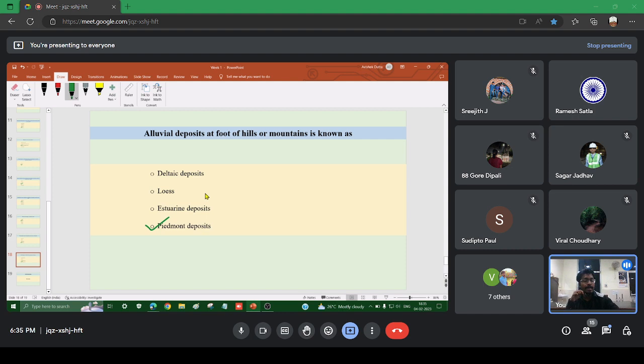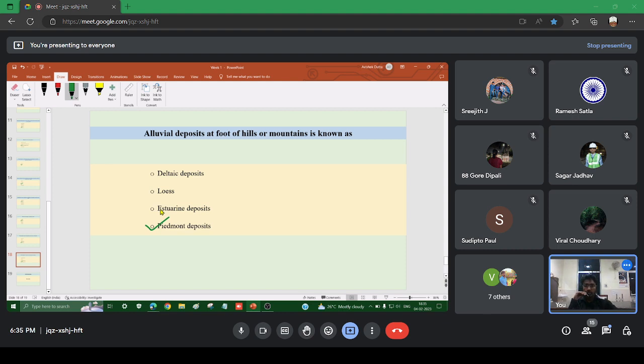Deltaic deposits are formed when it is purely river water, deposits of river water at the mouth of the river, and that leads to the extension of the shoreline. When a deposit is formed, the shoreline gets extended. Estuarine deposits are also formed at the mouth of the river, but here it is alluvial deposit along with marine deposit.